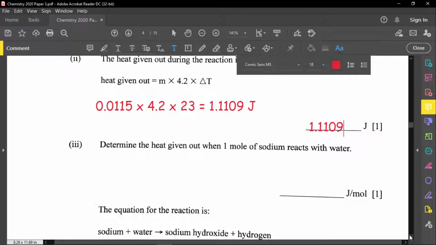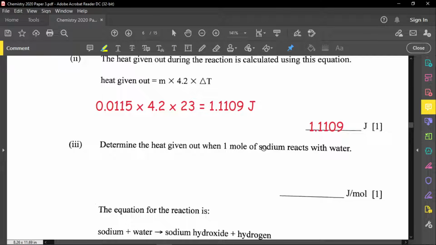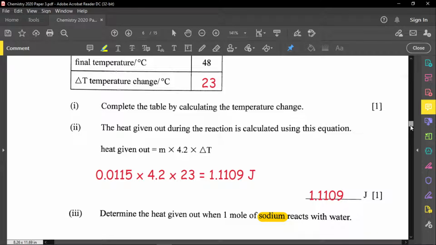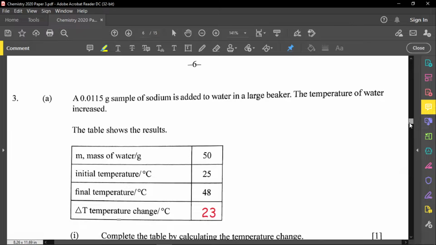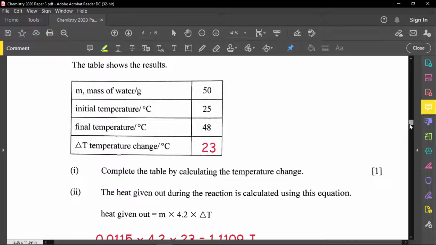The atomic mass number for sodium is 23. To find moles, we divide the mass by the relative atomic mass, and the mass given here was 0.0115. So let's put that there to find our moles.